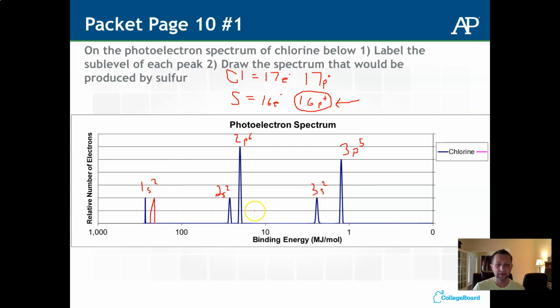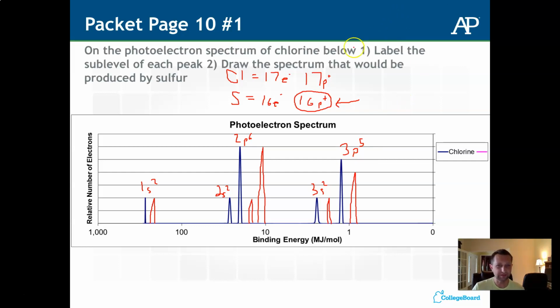And then sulfur is still going to have a 2s2 and a 2p6. It'll be to the right though, because it's easier to remove those. There's the 2s2, there's the 2p6. The 3s2 will also be further to the right, okay? And the 3p4 will be there as well, but it'll be like this. Okay, so in red I have the spectrum that would be produced by sulfur. All right, so just something to consider there.